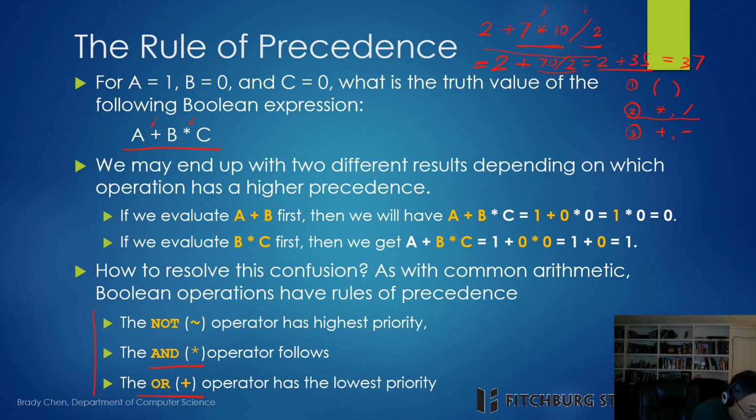So that means we're going to evaluate B and C first, and then we evaluate A OR the result of B and C. So we evaluate AND and get the result first. This is the same as A plus B asterisk C. So this is basically what we do.